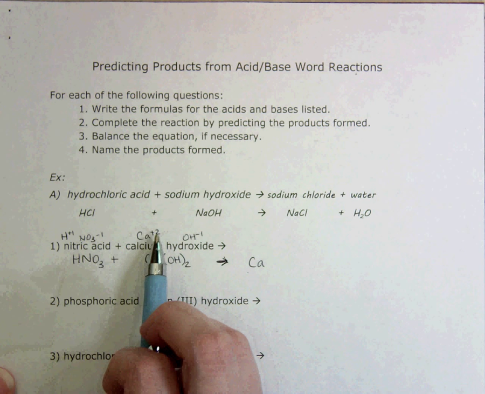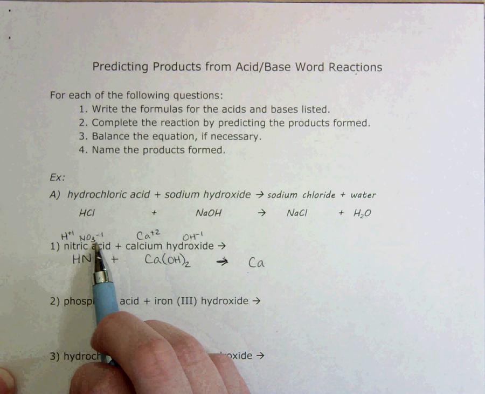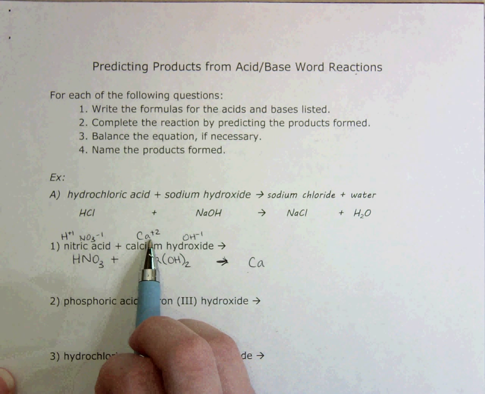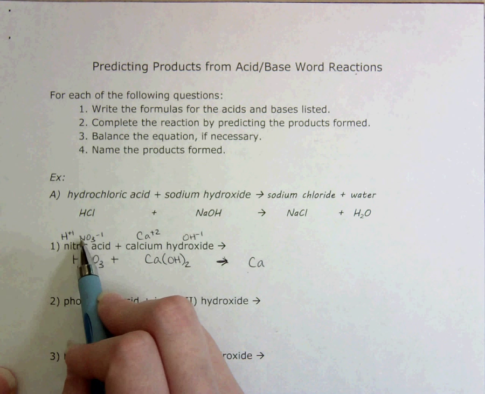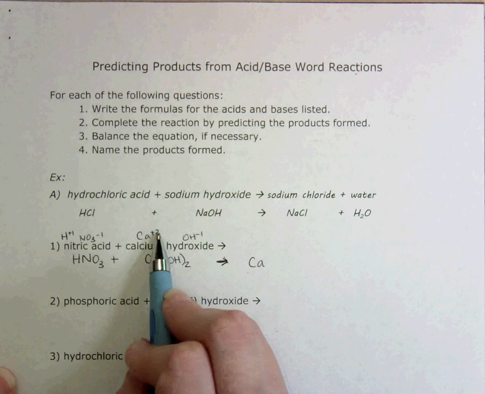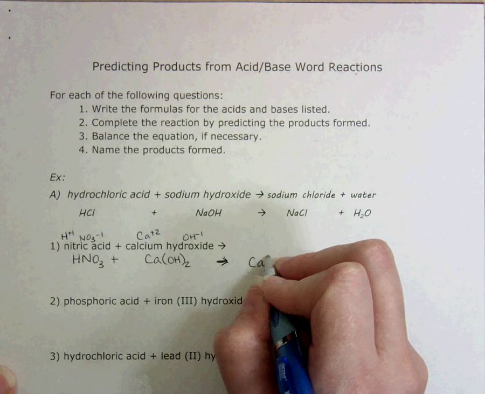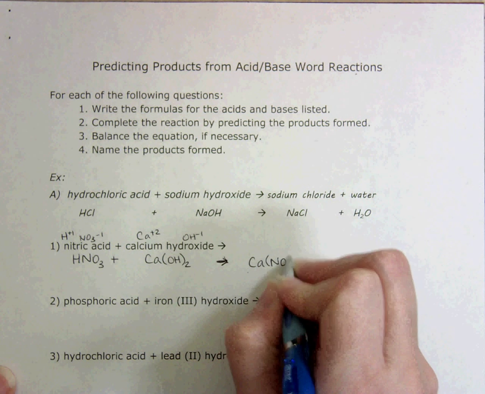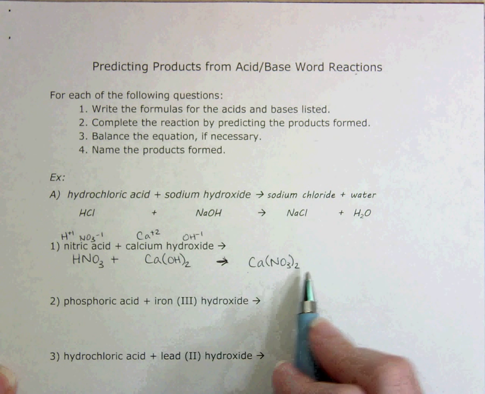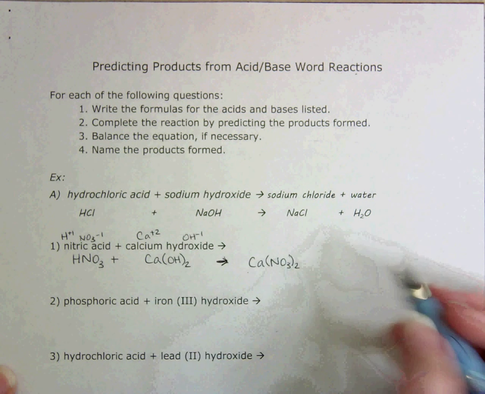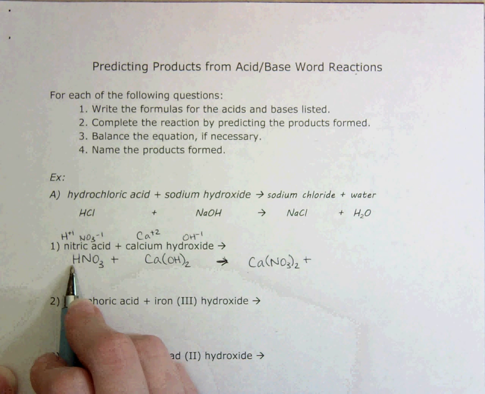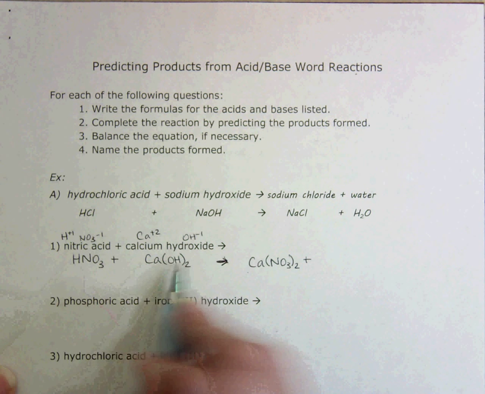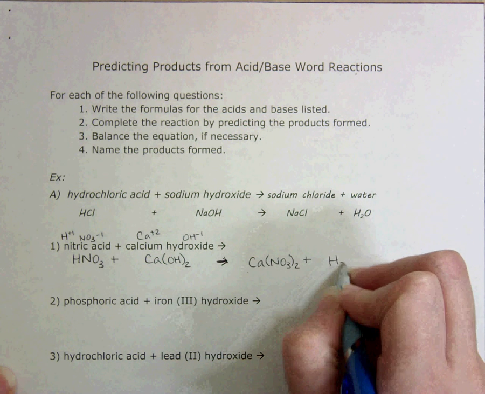So my 2 will cross over to be the subscript for NO3, and the 1 will be the subscript for Ca. Again, I don't write ones as subscripts, and I need NO3, and I need 2 of them because that's going to cross over. So I'm going to put NO3 in parentheses so I can put a 2 saying I have 2 NO3s. So I've made that product, which is the hardest one to make because, remember, my other product with H and OH will always be water.